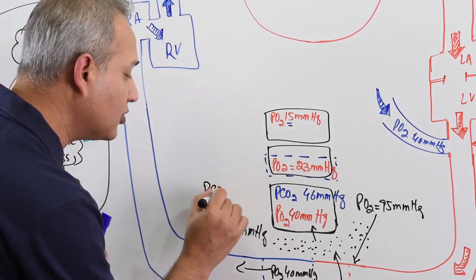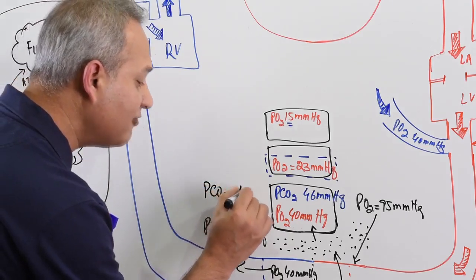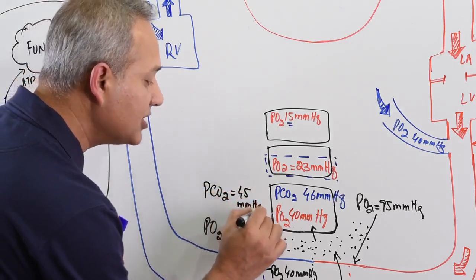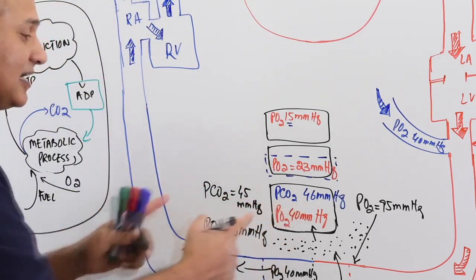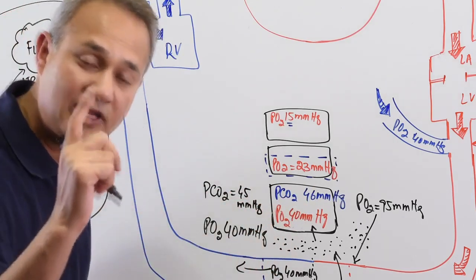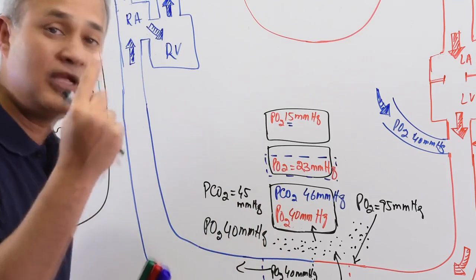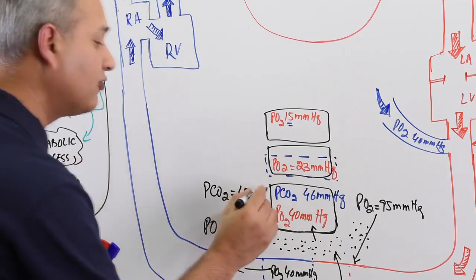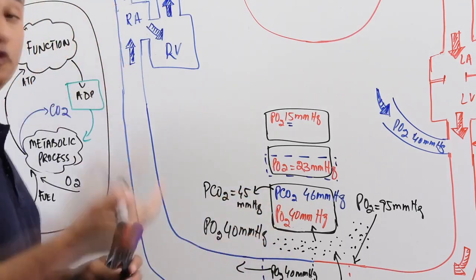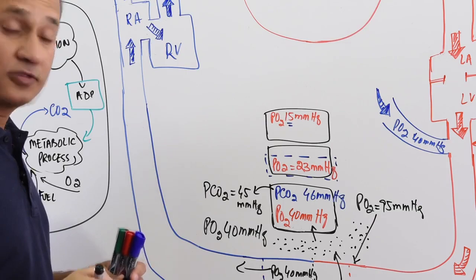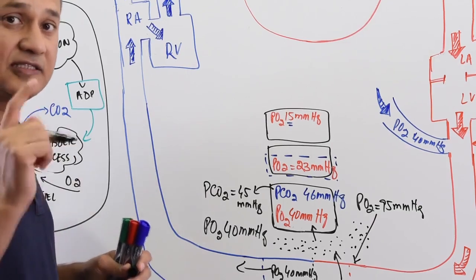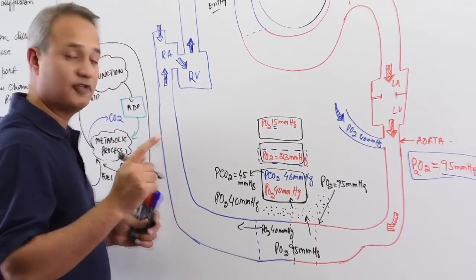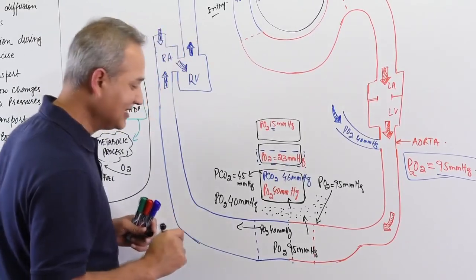Interstitial PCO2 is 45 millimeter. What is the total gradient between inside the cell and inside the interstitium? Just 1 millimeter of mercury. Just that 1 millimeter of mercury is sufficient to move carbon dioxide out of the cell, diffuse it out. Really great. That is a lot of diffusibility of this gas.